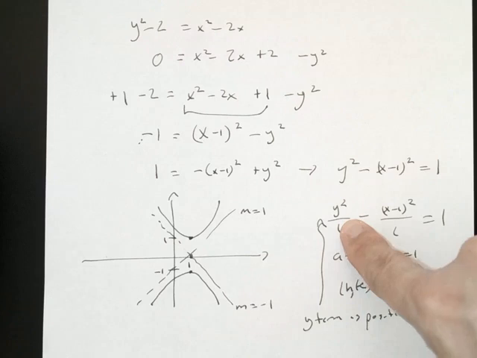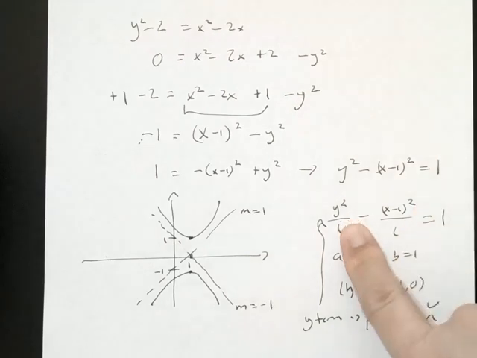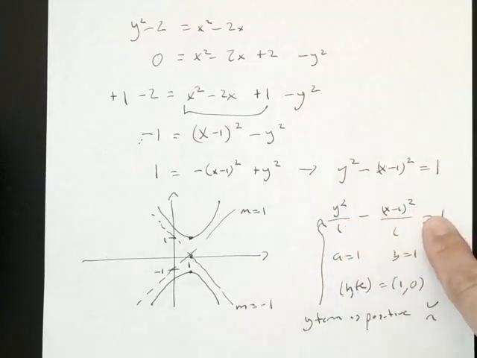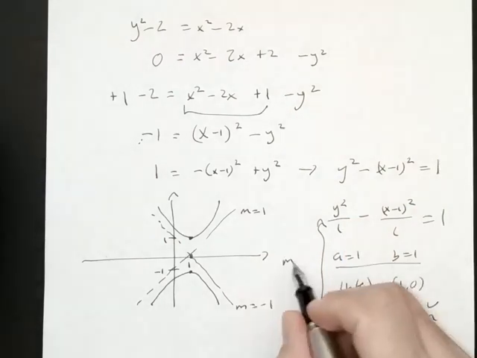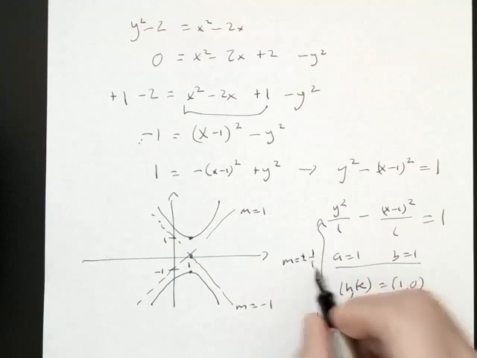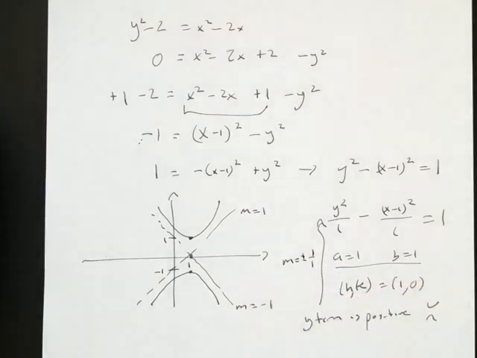It's the slope is the number, the square root. It's the number under y over the number under x. So the slope is plus or minus 1 over 1.